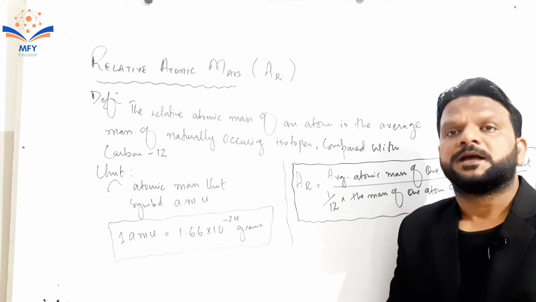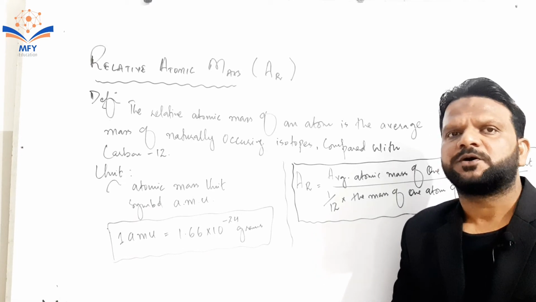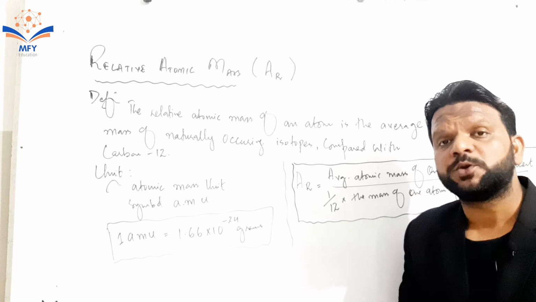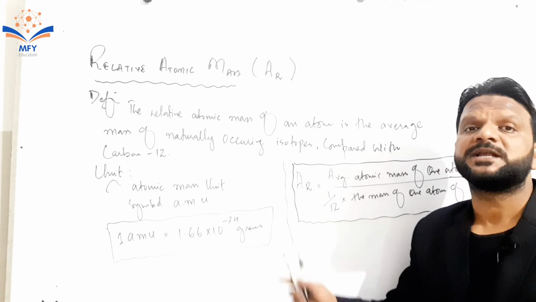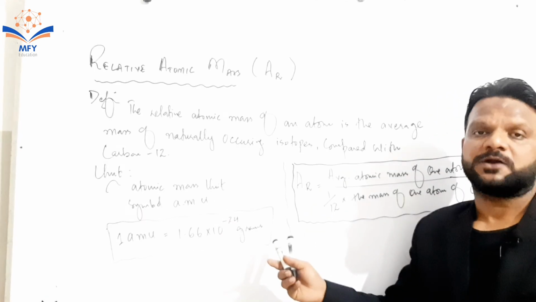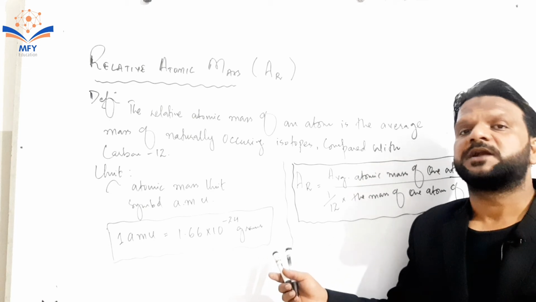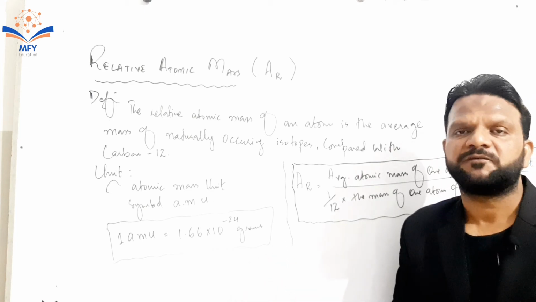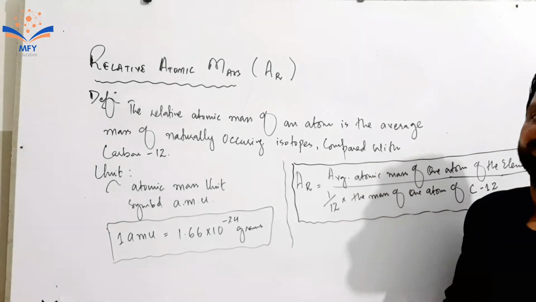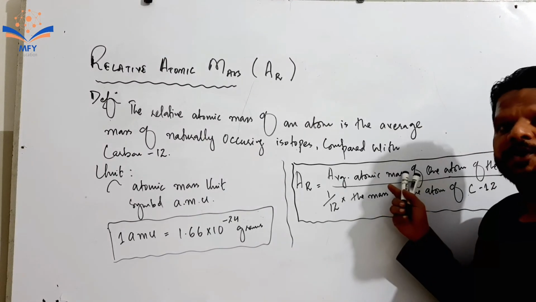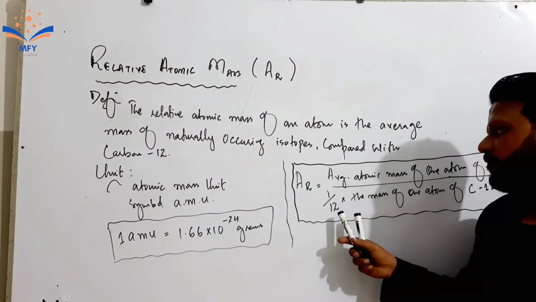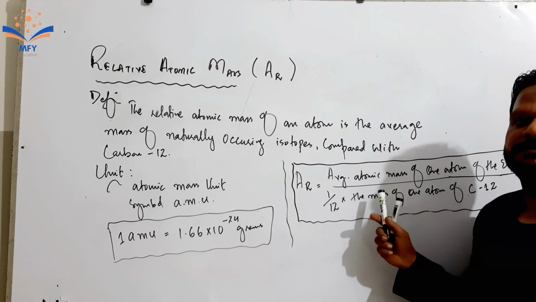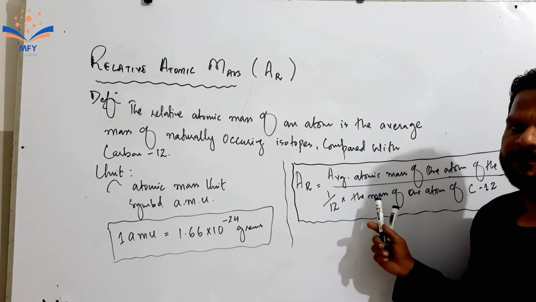AMU is the unit of relative atomic mass. 1 AMU will be equal to 1.66 × 10^-24 grams, and the quantitative relationship is the ratio between the average mass of one atom of the element to the 1/12 times the mass of one atom of carbon-12.